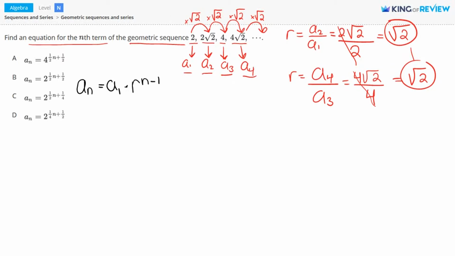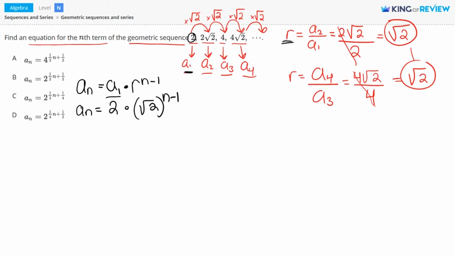So we'll use this formula here to come up with our equation. So we have An equals A1, that's this term here, which is a 2, times R. We've already calculated R, the common ratio. That's square root of 2. So I have square root of 2 to the n minus 1 power.